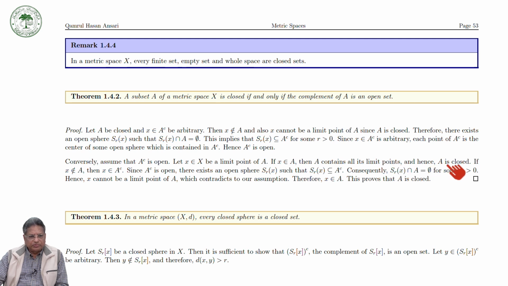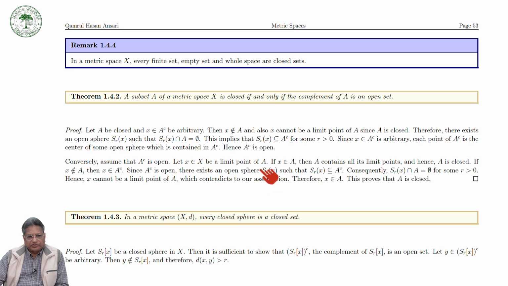So nothing is to be proved there. So we assume that x is not in A. Then x must be in the complement of A, and the complement of A is open, because we are assuming that. So x must be the center of some open sphere contained in it.